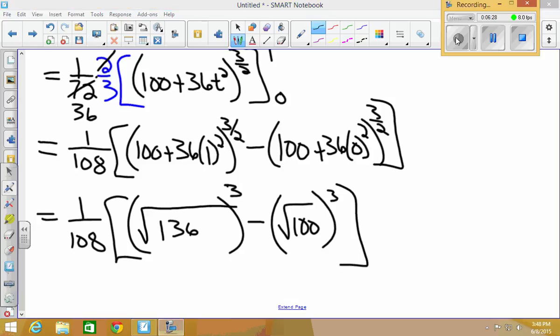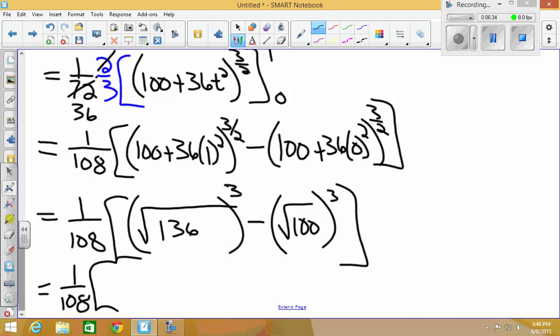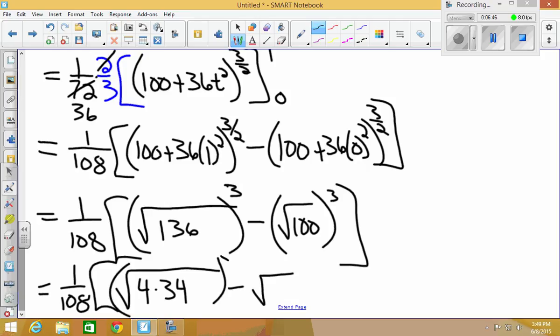Then it's a matter of doing some simplification. Note here that 136 is equal to 4 times 34, and that's cubed, minus the square root of 100 cubed.